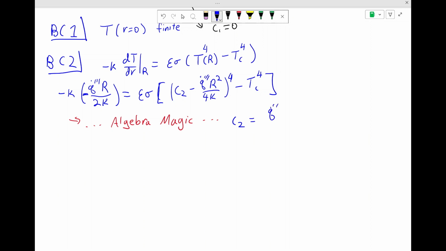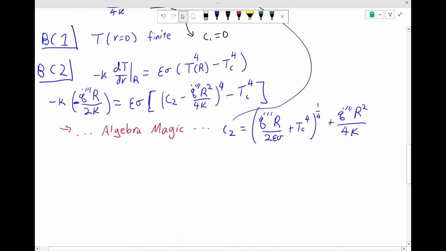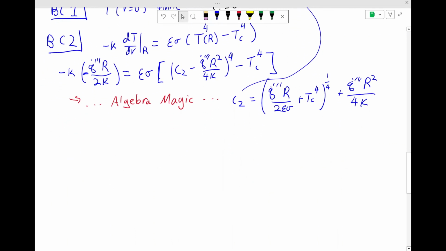And we will get the following result, that C2 is equal to the following. You get q dot triple prime R over 2 epsilon sigma plus T infinity to the fourth, that to the 1/4 power, plus q dot triple prime R squared over 4k. So now we will take this and plug it in for C2 up here, and we will get the following general form for the temperature profile.